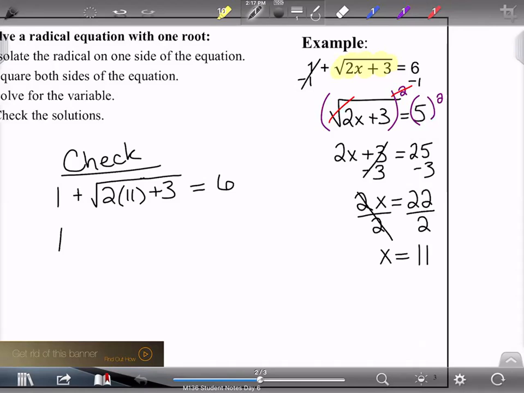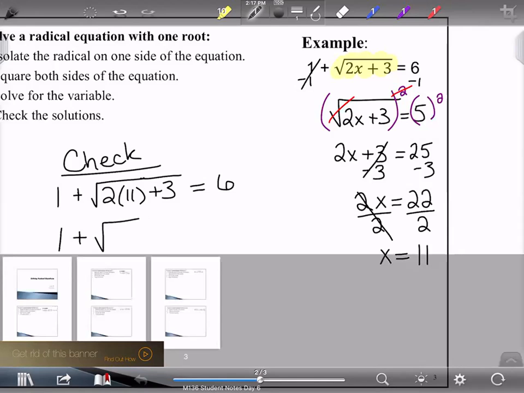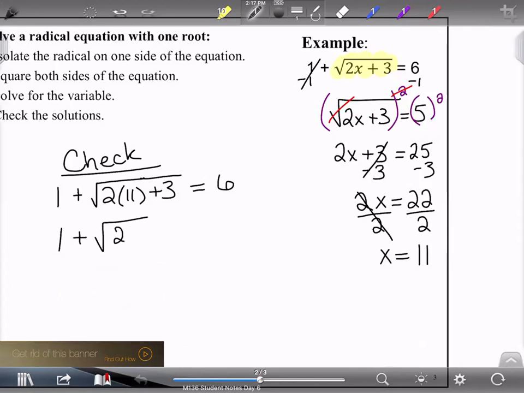Now I'm going to start simplifying. I'm going to take 2 times 11, which is 22. I'm going to go ahead and take 22 plus 3 to get 25.